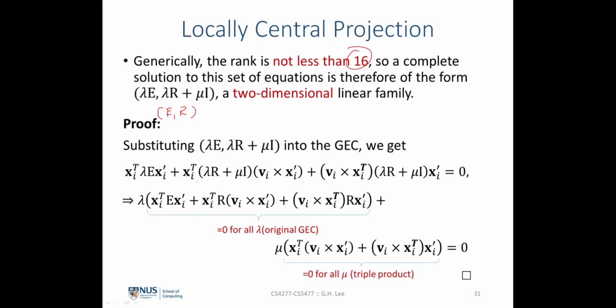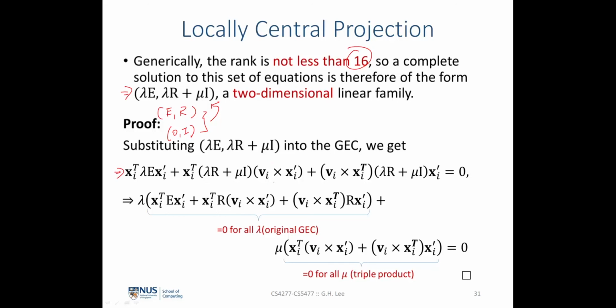So this can be parameterized by one family of solutions, as well as the other solution that we have seen, which is 0 and identity. We can combine these two sets of equations to give us the two-parameter family of solutions, which is lambda E and lambda R plus mu I. We can easily see that this family of solutions fulfills the generalized epipolar constraint by plugging it into the generalized epipolar constraint that we have derived earlier on.